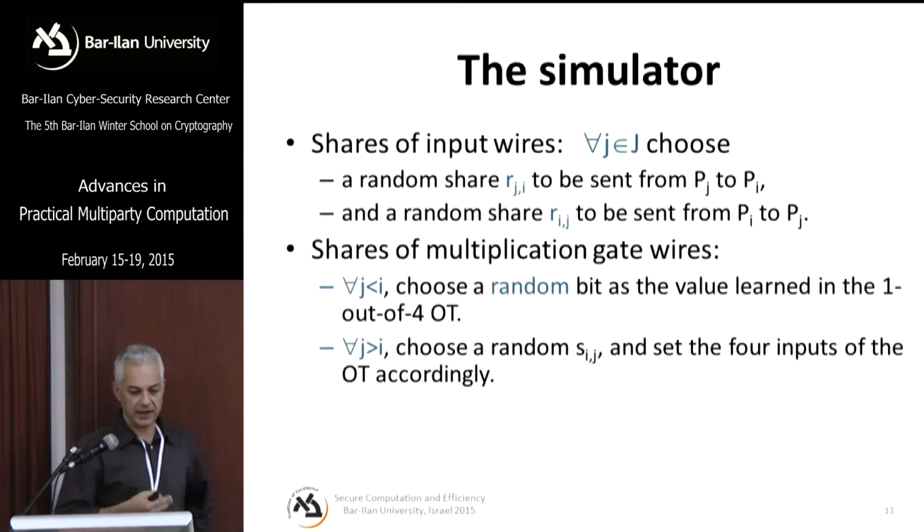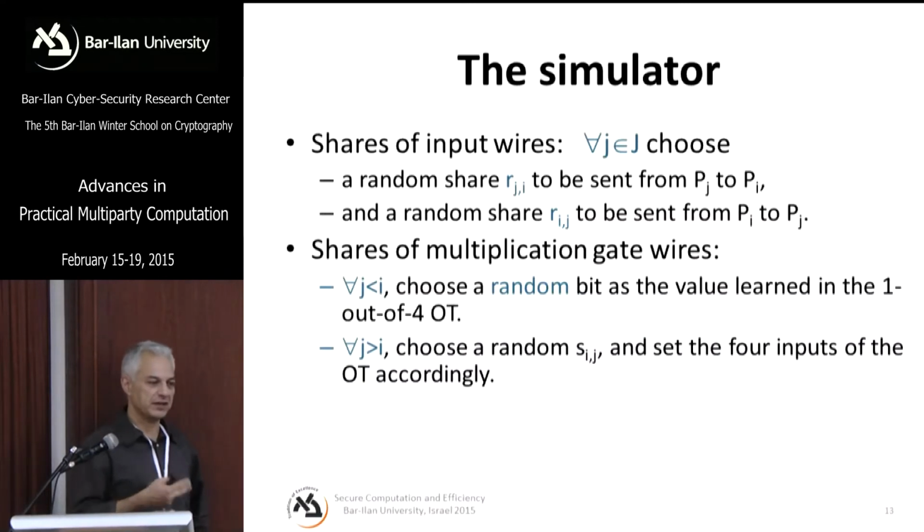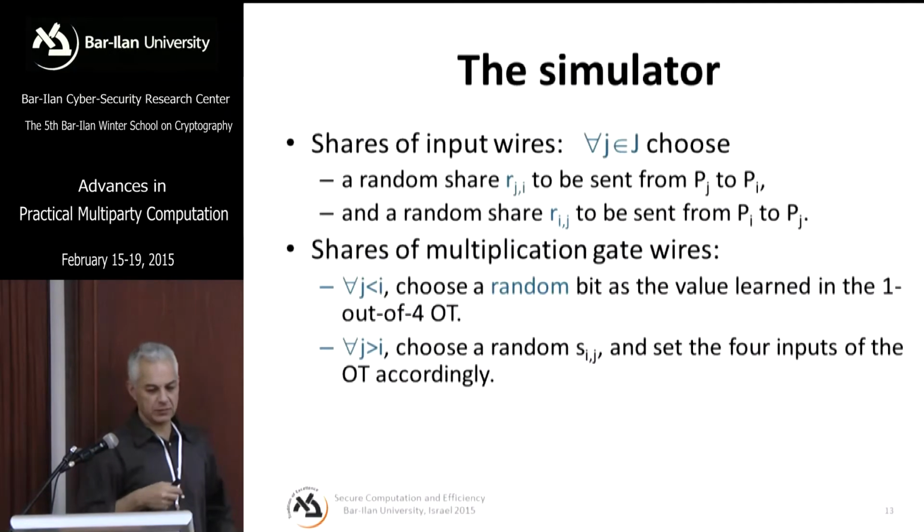What about multiplication gates? For every party Pj whose index is smaller than i, which therefore runs as a receiver in the Oblivious transfer that we do for the multiplication gate, the simulation will send that party a random bit to be his output in that Oblivious transfer.